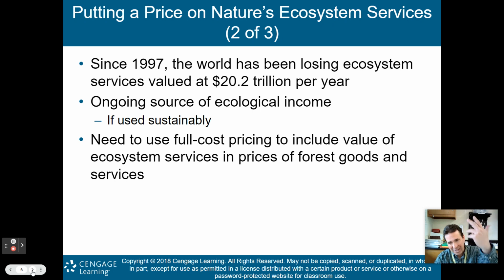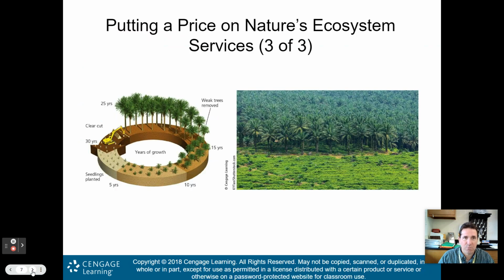What do we need to do? I've mentioned it before. I'll mention it again. I'll mention it right now. We need to use the full cost pricing that includes the value of the ecosystem services in the prices of forest goods and services out there. We need to start factoring in the full cost pricing. And that means wood is going to, or should, cost much more than it already does.